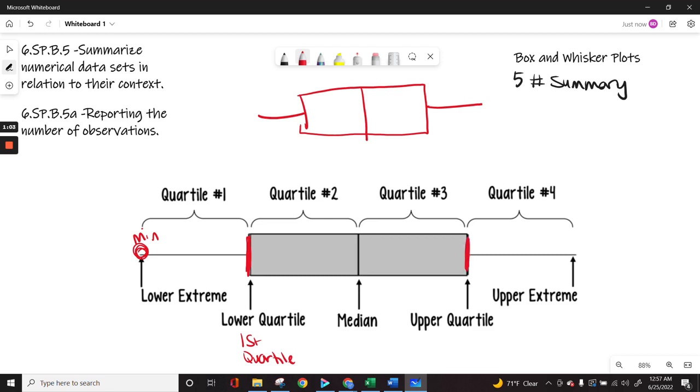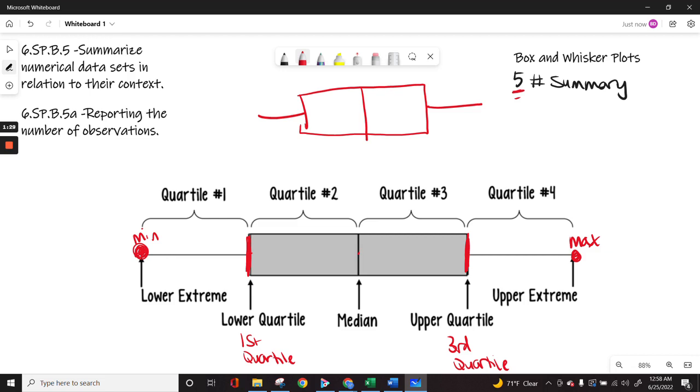The number at the edge, this edge of your box, is called the third quartile. And the end here is called the maximum, or the highest number. So you have the lowest number, first quartile, second quartile or median, third quartile, and maximum. And that's where the 5 numbers come in.